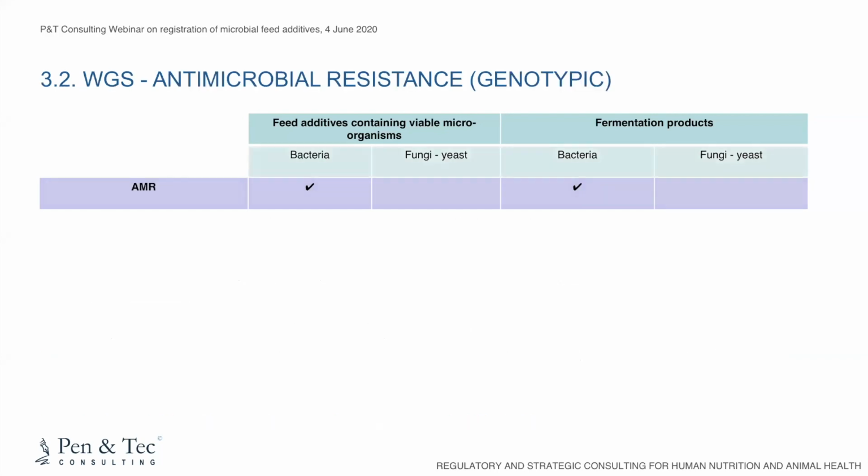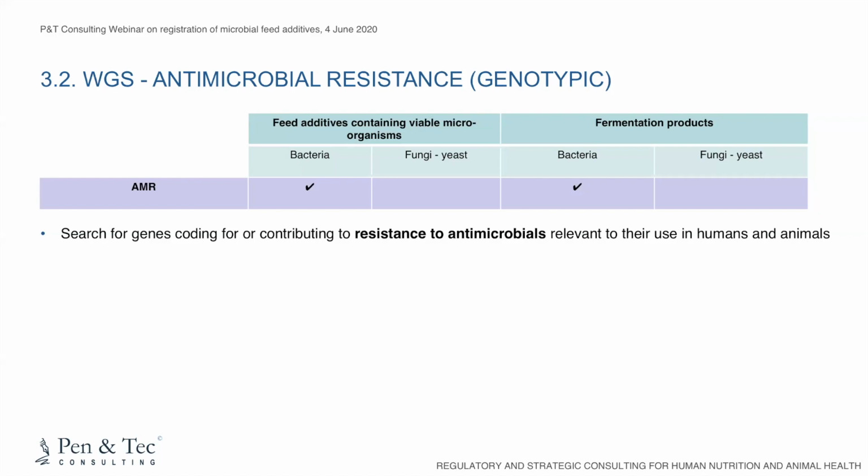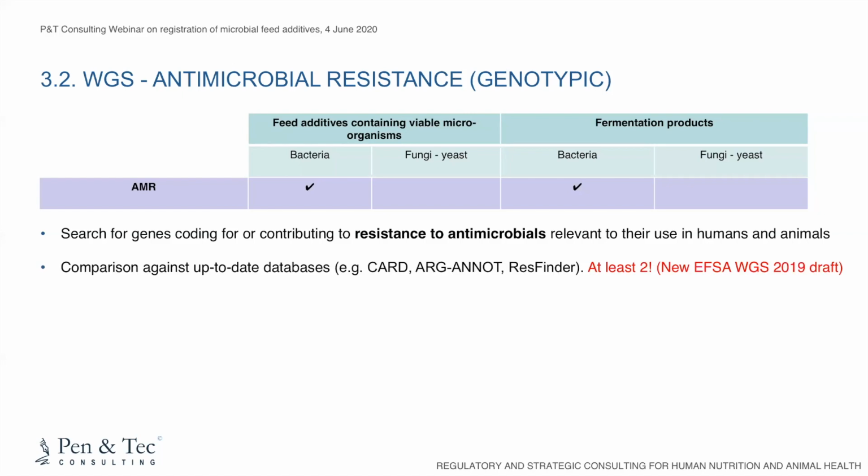The whole genome sequence of bacteria should be interrogated for the presence of genes coding for or contributing to resistance to antimicrobials. For this purpose, comparison against up-to-date databases should be performed. The new EFSA draft WGS statement from 2019 indicates that the searches must be done against at least 2 databases.